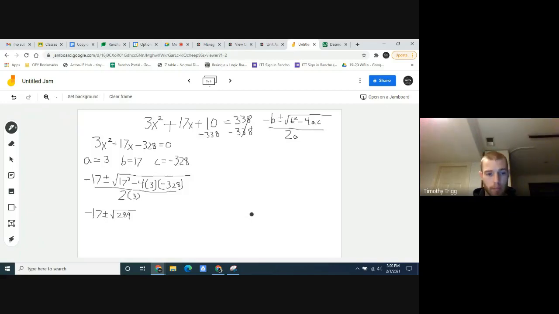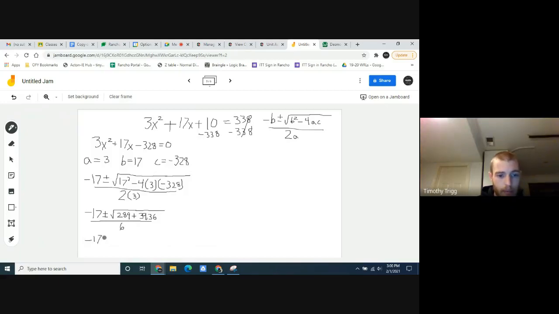So 4 times 3 times 328, 3,000, and again it makes it positive because negative times negative. So positive 3,936, all over 2 times a, so that's going to be 2 times 3, which is 6.